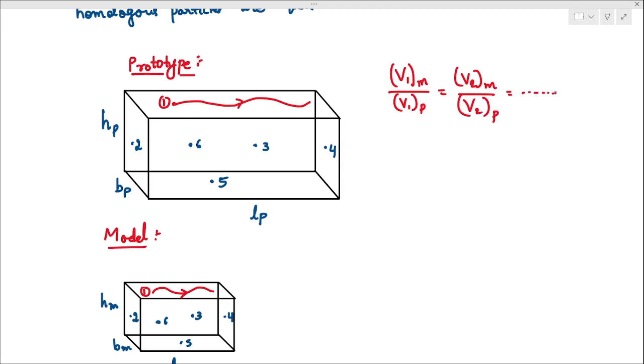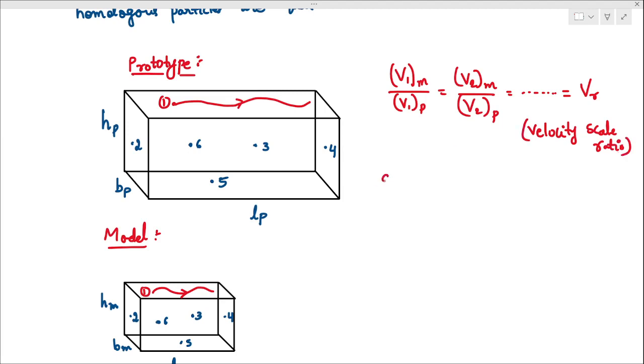However many points you consider, all those ratios should be equal, and this is known as the velocity scale ratio.